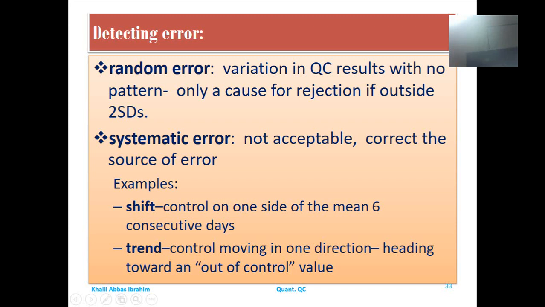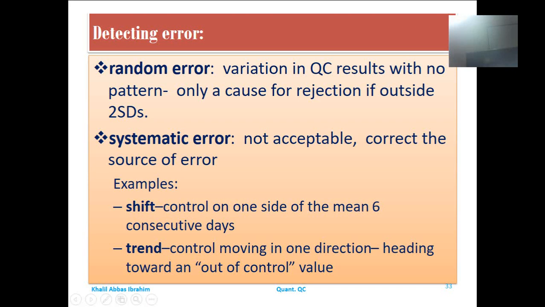The other type of errors is systematic error. The systematic errors are not acceptable totally in the laboratory. You need to identify them and to study them and know the sources and causes of those problems. You correct that situation of the source, and then you repeat examination of the samples. Examples of systematic errors are shift.